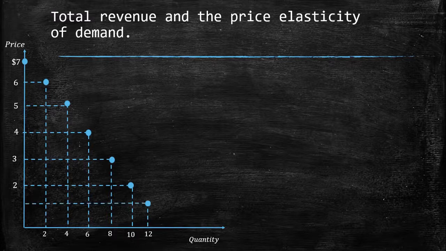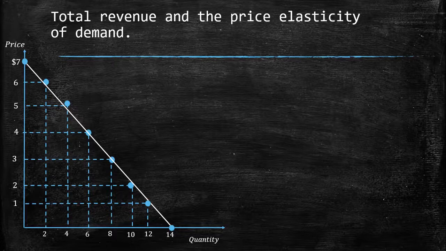And finally, at the price of 1, you will demand 12, and at price 0 you will demand 14. So this is the demand curve.